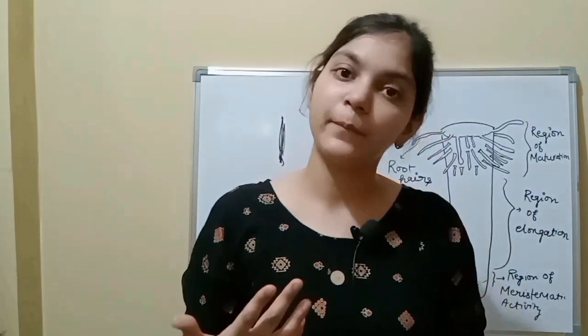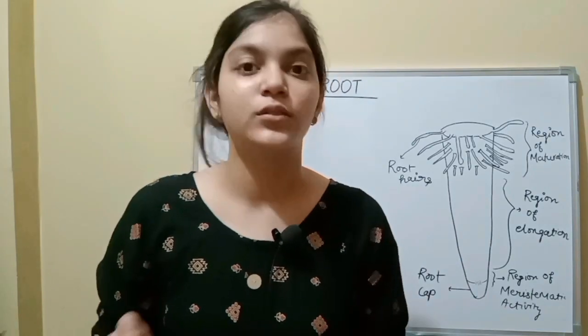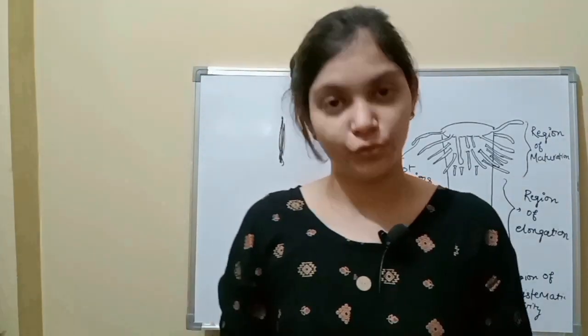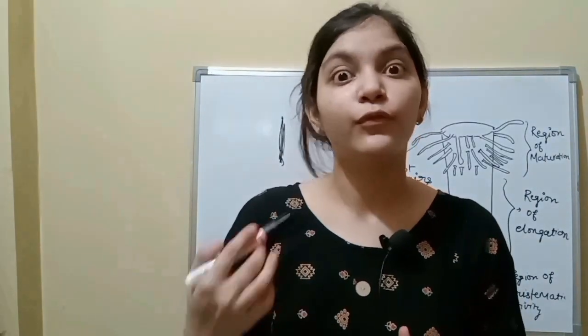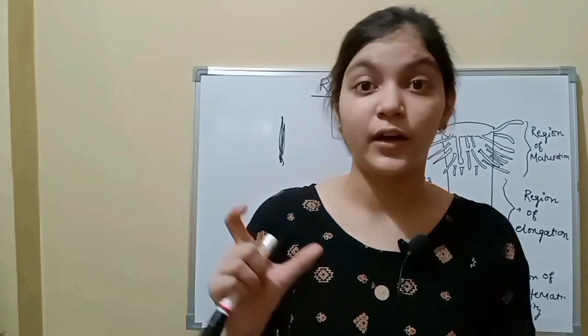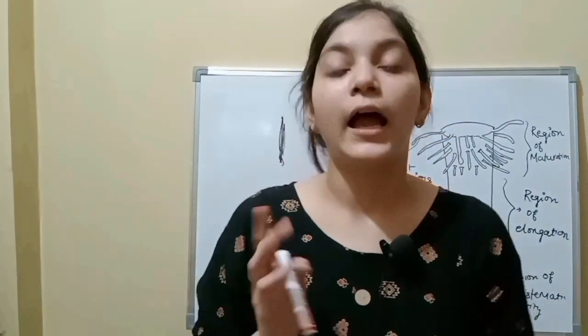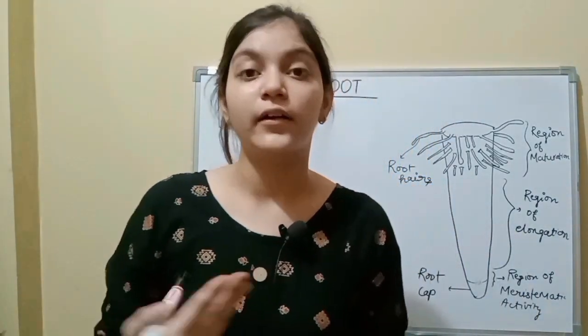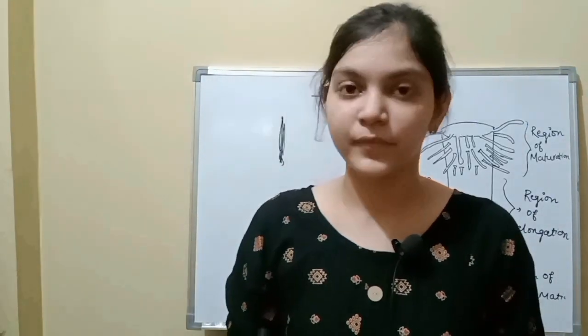Now we have another type of roots, adventitious roots. In adventitious roots, the root forms from other parts of the plant except the radicle. Examples of adventitious roots are grass and banana.